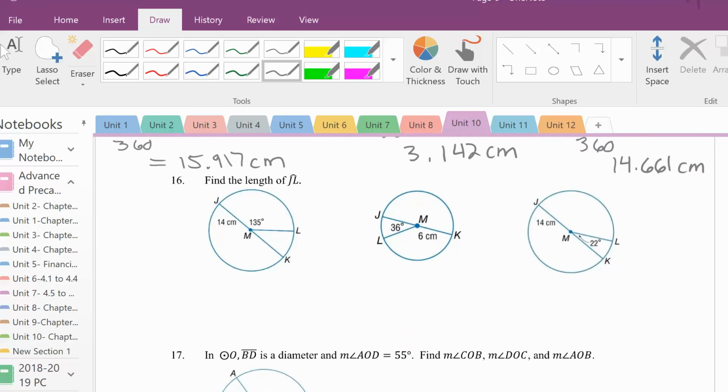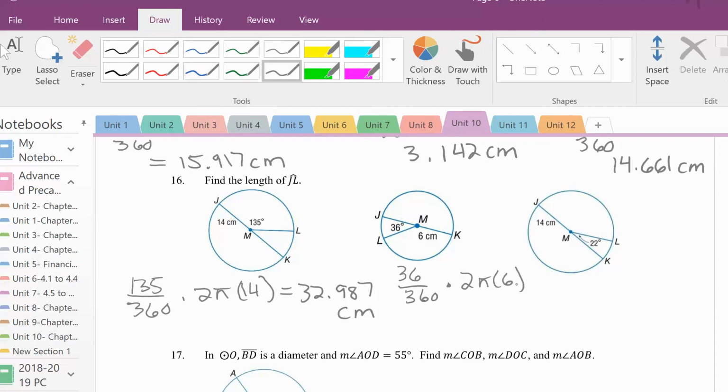So next it asks you to find JL, the arc length. So the angle is 135, so 135 divided by 360 times 2 pi times 14, and that gives you 32.987 centimeters. So for this one, it's 36 degrees over 360 times 2 pi times 6, and that gives you 3.770 centimeters.